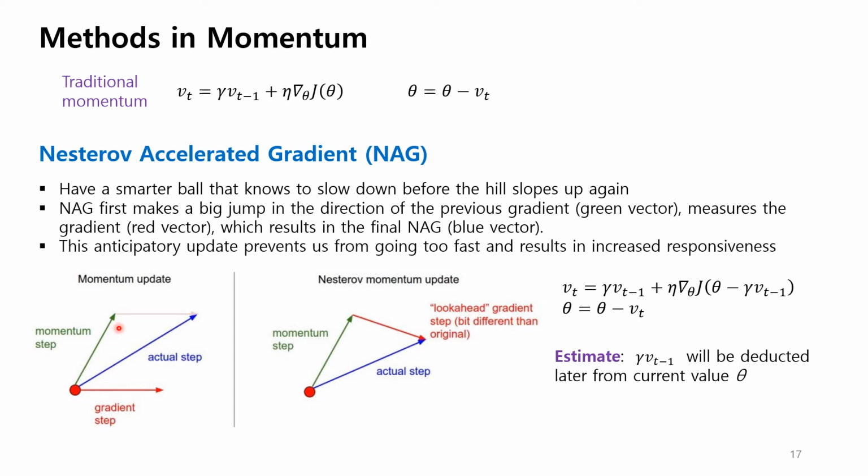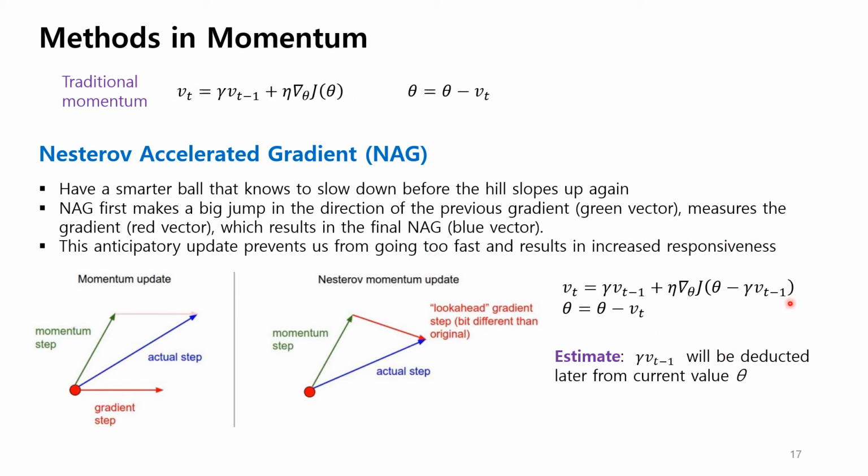If the error surfaces of this point and this point are quite similar, there's no difference. NAG doesn't make much difference compared to the traditional momentum. But if these surfaces are quite different, NAG shows better performance than the traditional momentum method. So in NAG, the update rule is changed as follows.